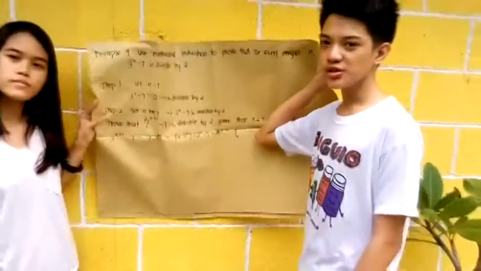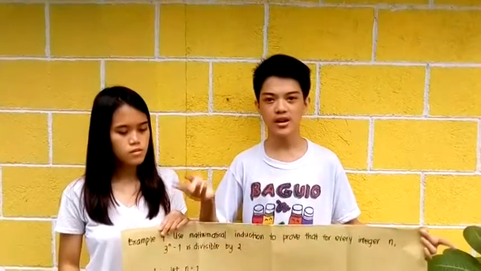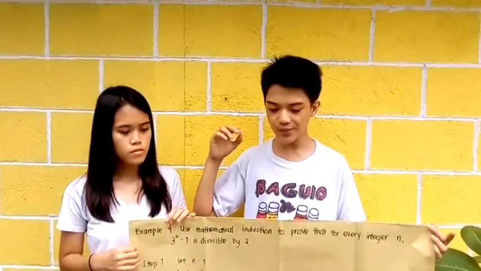We should remember that in mathematical induction, we have 3 steps. First, let n be 1. If it is proven that the statement holds for n equal to 1, then that is proven already. Then the next step is to let n be k, which is proven in the first step.